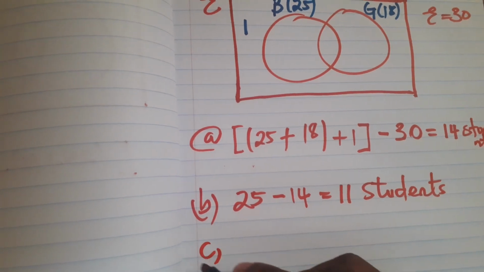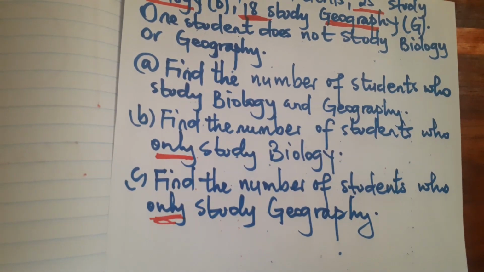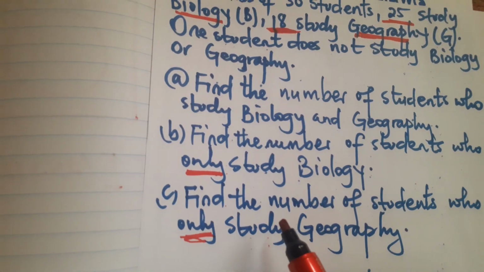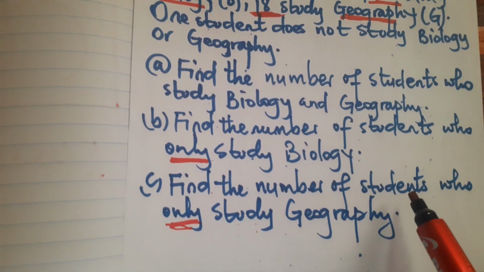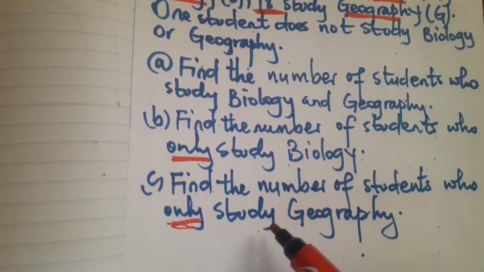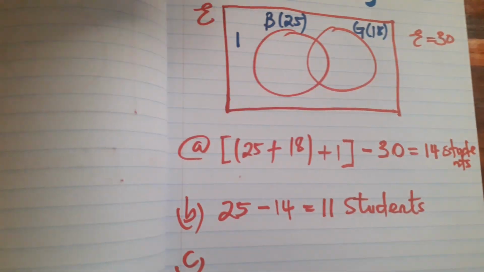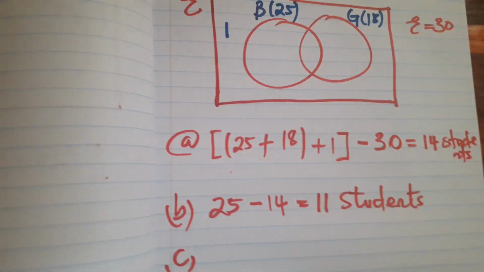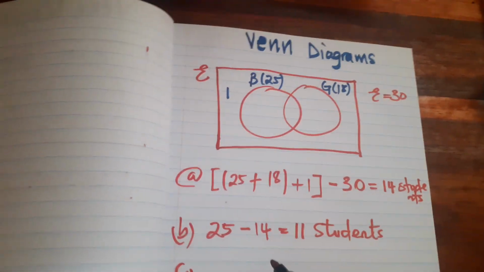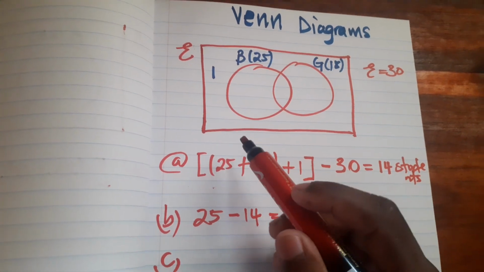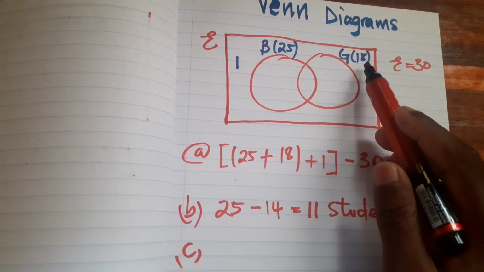And then letter C, let's look at the question. Question letter C says, find the number of students who only study geography. Not biology and geography, but only geography. The total number of students doing geography is 18.